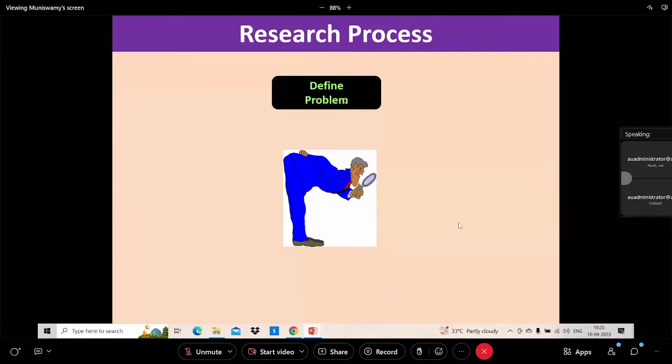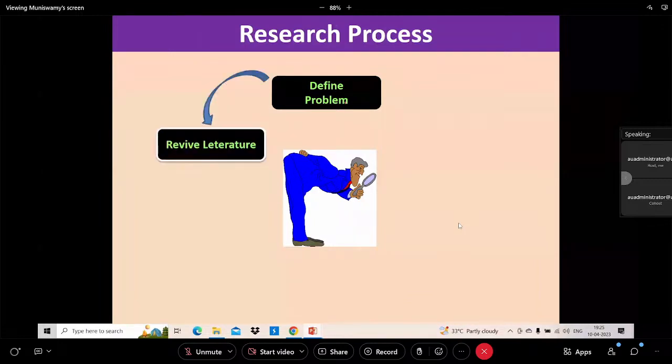So after deciding a problem, next what? You collect the review literature. So why we gather the review literature, right? To frame a new objectives.